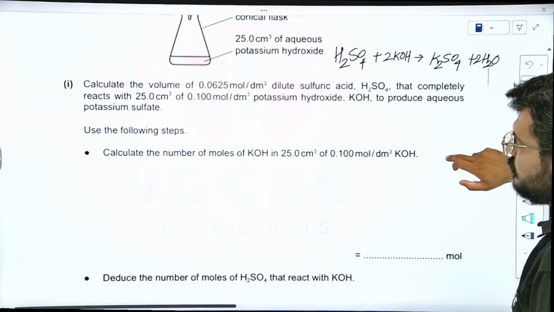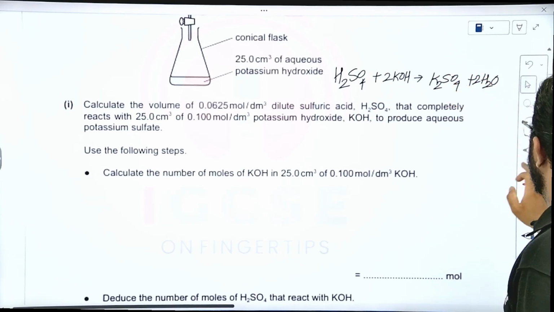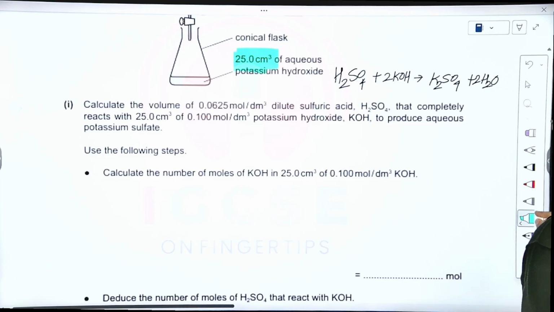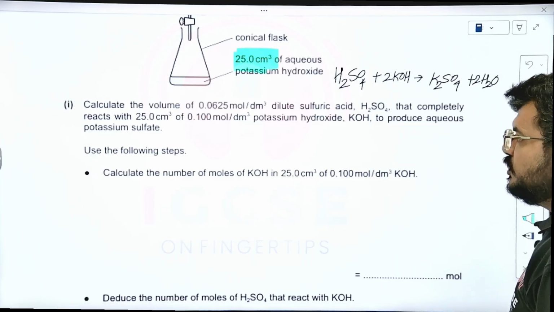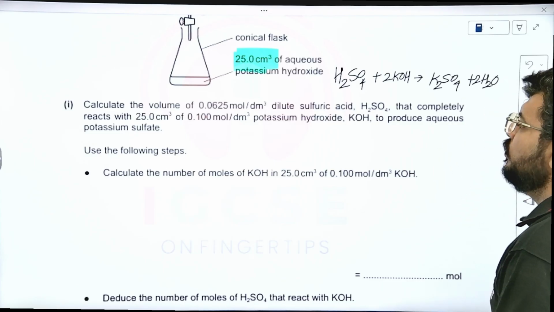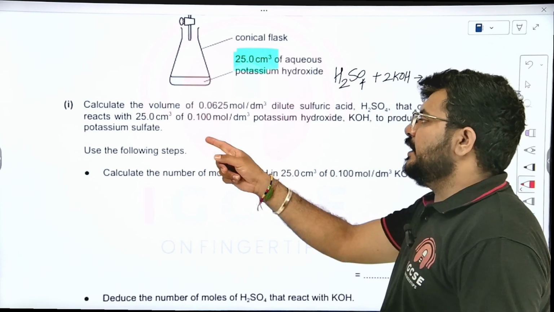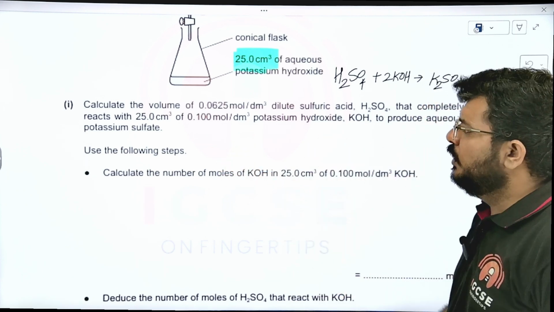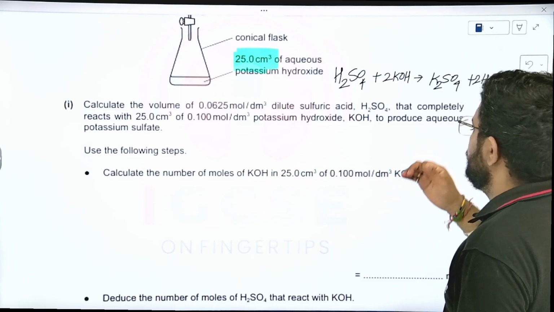Yes. What are they saying? They are saying that, see, 25 centimeter cube of aqueous potassium hydroxide. So calculate the volume of 0.0625 mole per dm cube dilute sulfuric acid that completely reacts with 25 centimeter cube of 0.1 mole per dm cube potassium hydroxide to produce aqueous potassium sulfate.